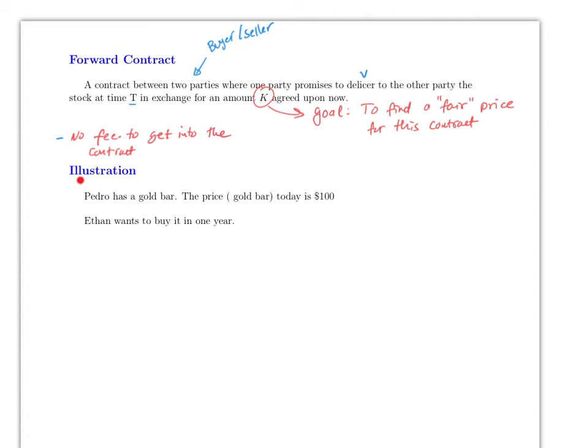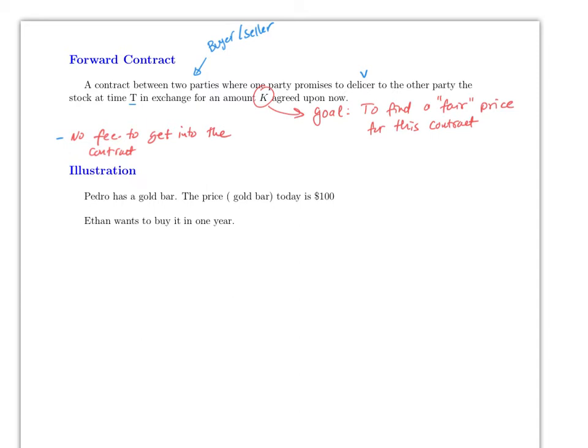All right, so here's an illustration. Let's say that Pedro has a gold bar right now, and the price of the gold bar today is $100. So Ethan wants to buy it in 1 year.